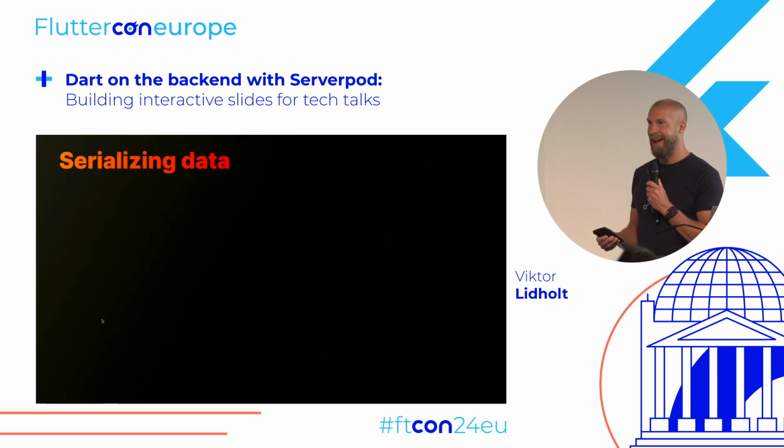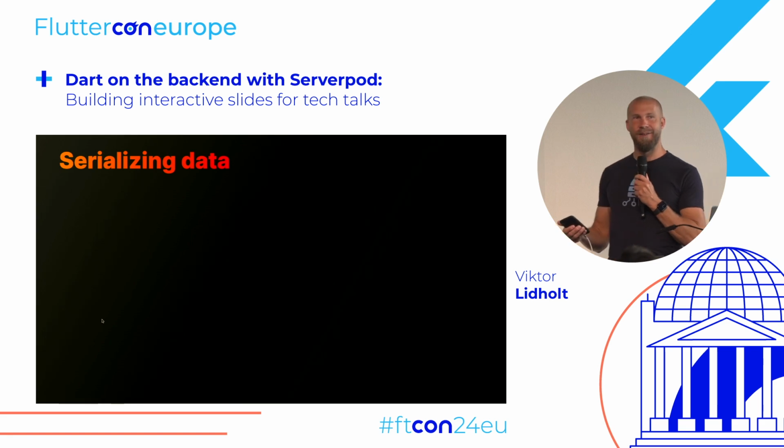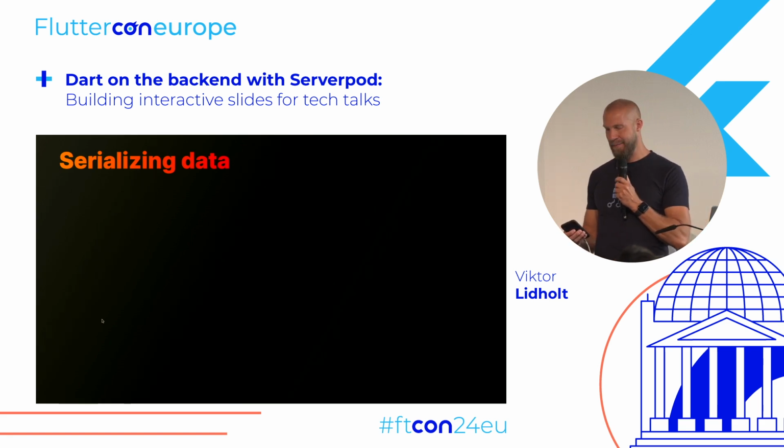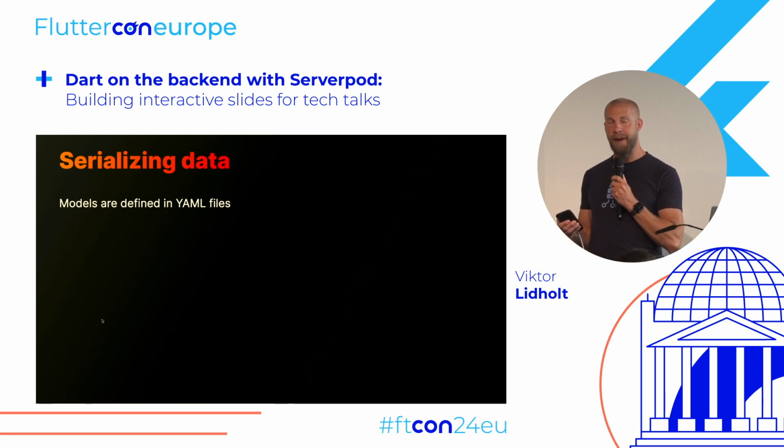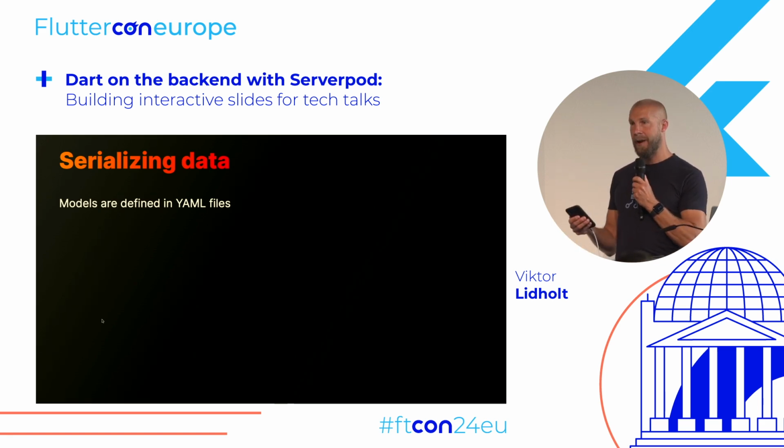Secondly, there's another part typically to server communication, and that's models and serialization of data. In Serverpod, we define the models in YAML files. Potentially, another solution could be to use annotations in Dart to create the serializations and code generation that way. But we picked YAML files for a couple of reasons.